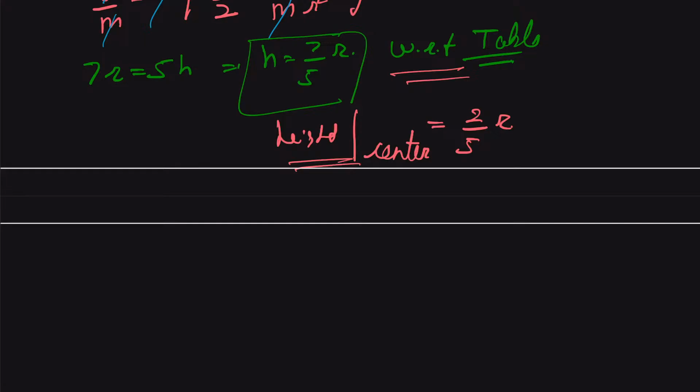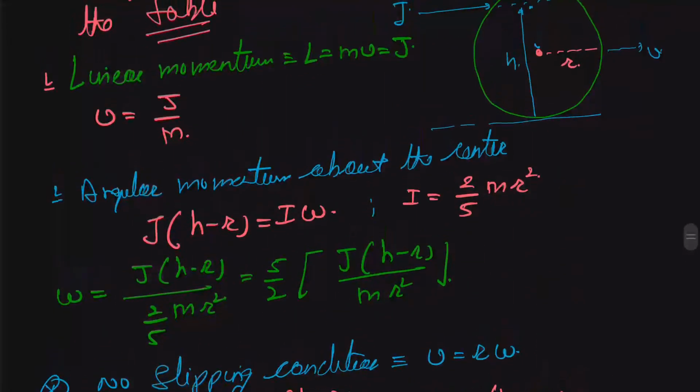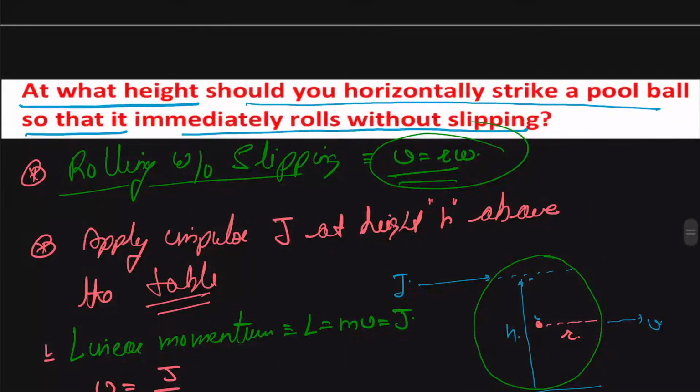So, if you make a comparison between the height with respect to our table as well as with respect to the center, we can clearly see that more torque is required than translational to spin faster to match our velocity v. Because we have to hold the relation that is rolling without slipping.